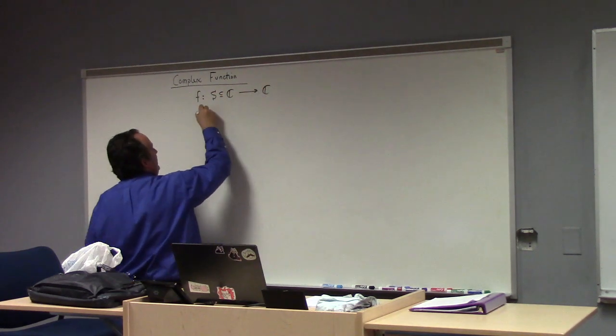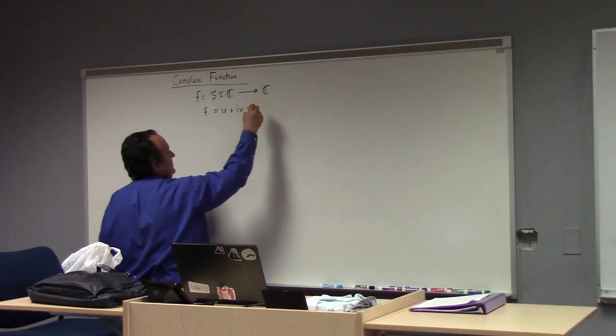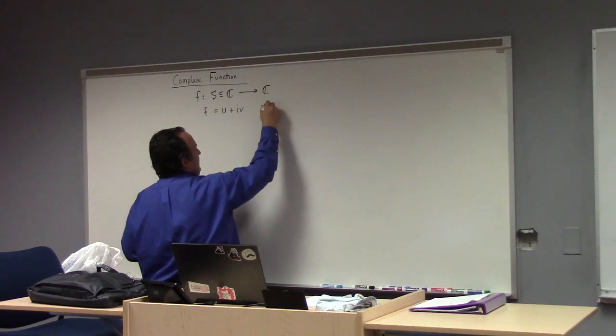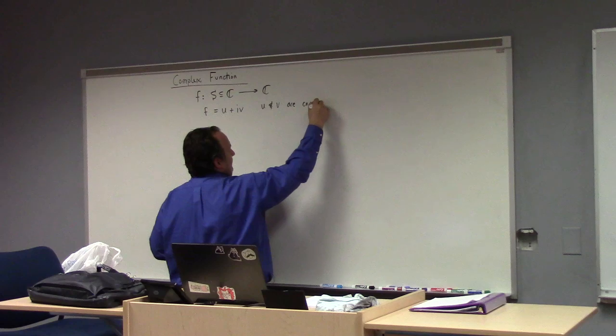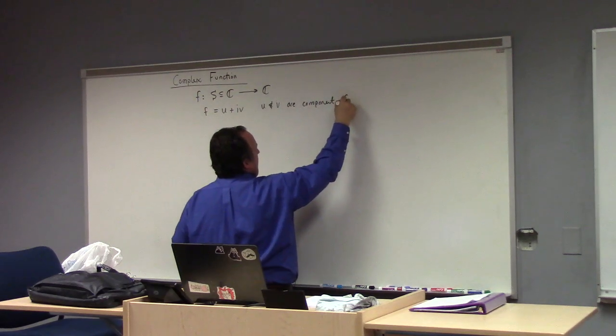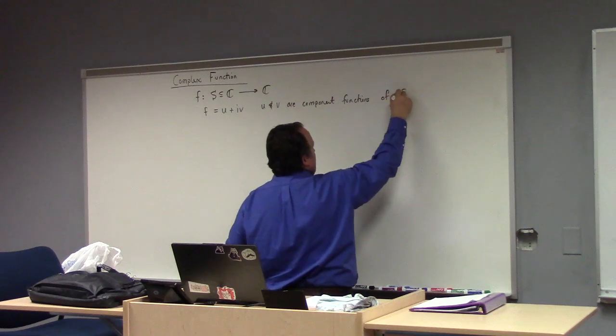And we write f is equal to u plus iv, where the u and the v are the component functions of the complex function f.